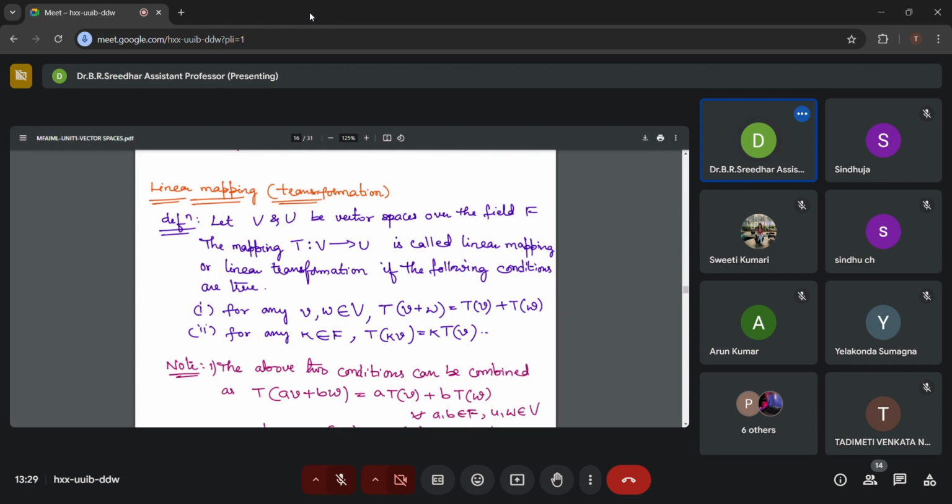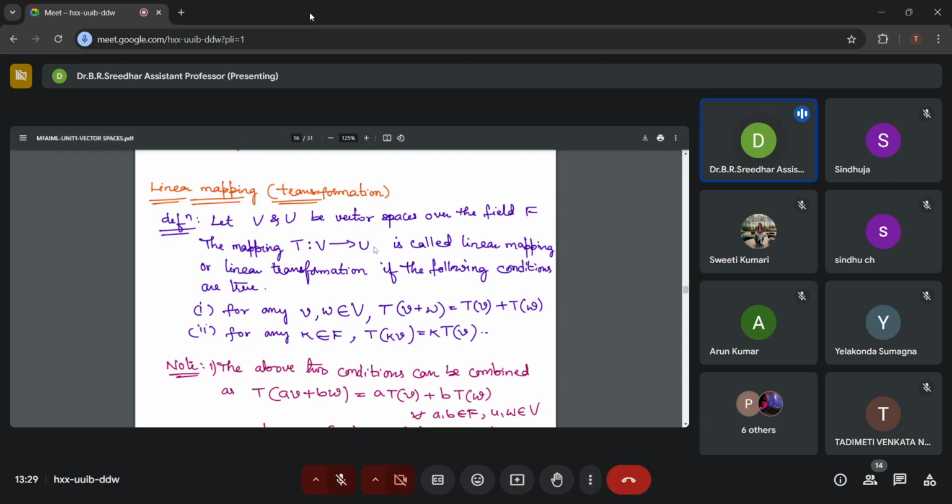That means you are mapping v and w of the vector space V to their respective images T of v and T of w in the vector space U with the function T. That image is represented by the respective function of the vector space V. That is the basic meaning here.